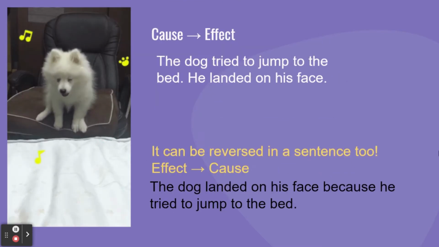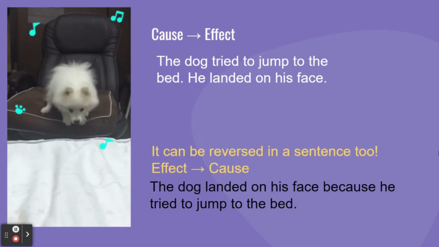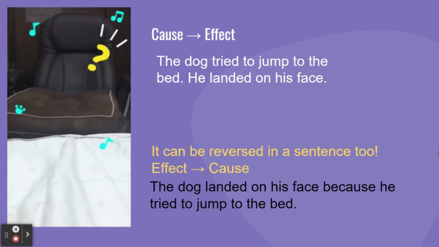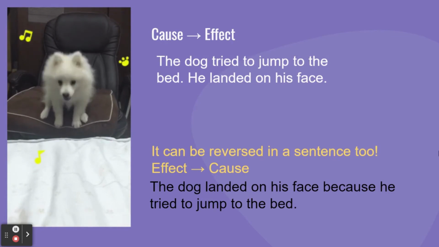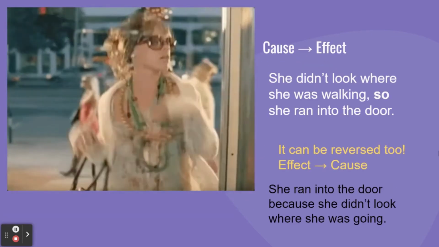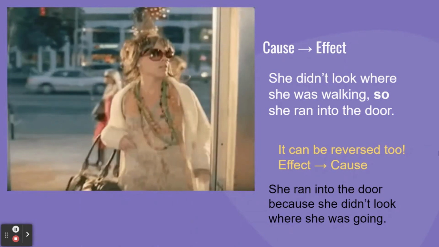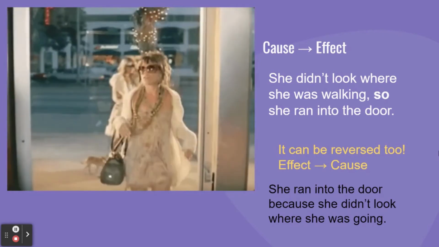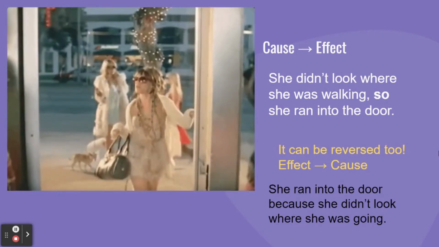And it's basically, yeah, it just gives them that visual and that video of the dog tried to jump to the bed. He landed on his face. And they laugh, they love it, they're engaged and they get it. Like it just clicks. It's so easy to understand that they easily just pick it up.